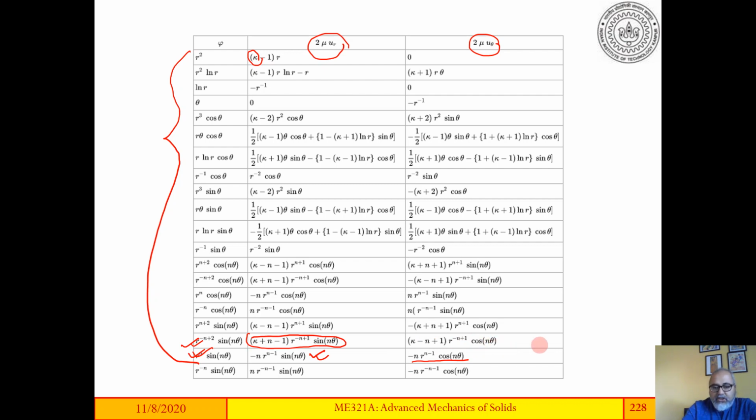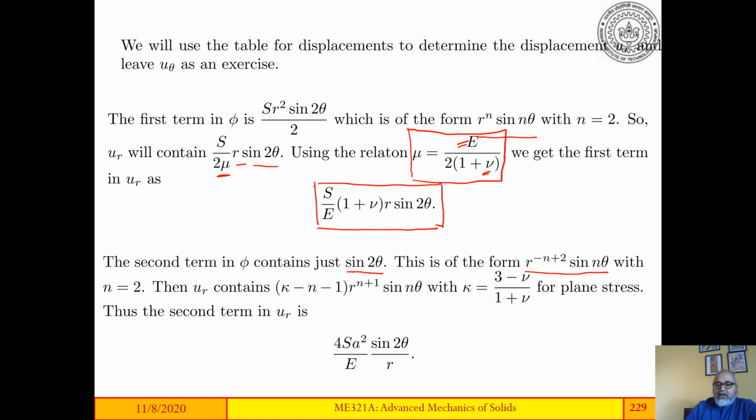If you put the correct value of kappa, we are doing plane stress here, then this is what you are going to get. Again, I have replaced mu with E and nu to get this expression. This is the second term in the displacement that appears because of the sine 2 theta term in the phi.